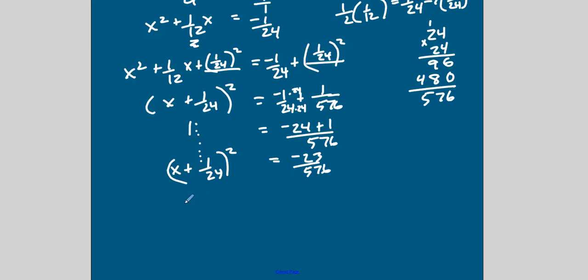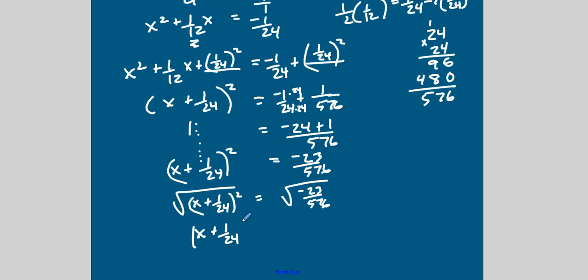Now we take the square root of both sides. Notice this is an imaginary number, so we'll handle that in a little bit. So x plus 1/24, the absolute value of that, is the square root of negative 23 over 576.